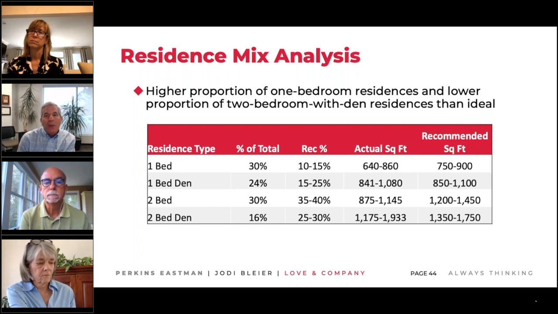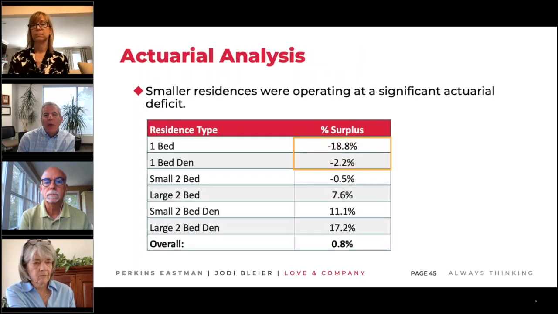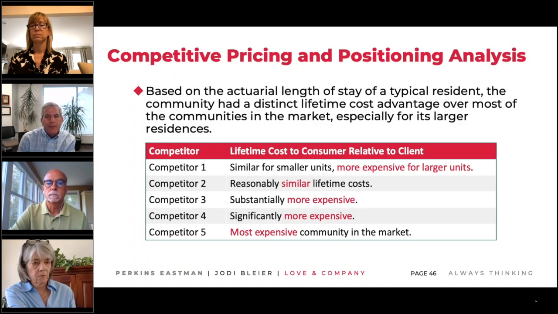And while this community does have a little bit higher proportion of the smaller residences than our first example, it's not really as far off. But what we do see is that heavy margin pressure is really strongest on those smallest residences. So what can we do about that?